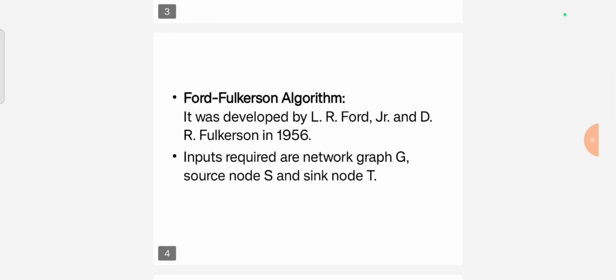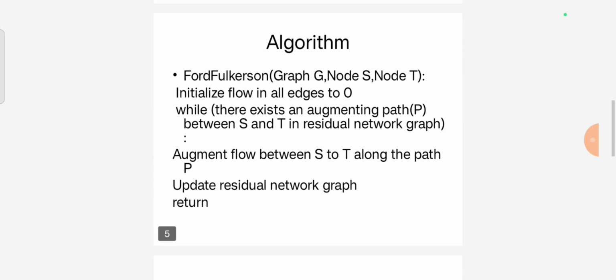The Ford-Fulkerson algorithm was developed by L.R. Ford Jr. and D.R. Fulkerson in 1956. The input required is the network graph G, source node S and sink node T. The algorithm initializes the flow in all edges to 0.